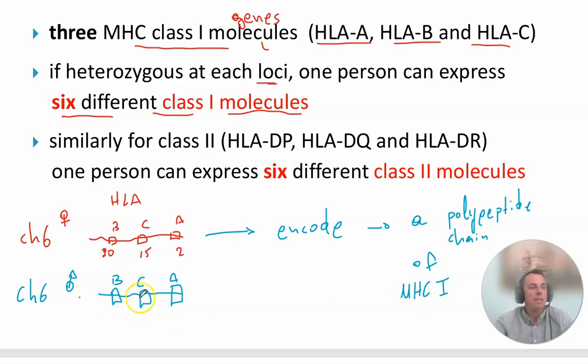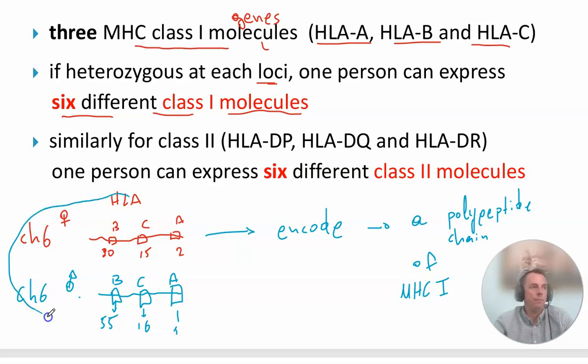Okay, now these B, C, and A genes will have different alleles, of course, amongst these thousands of different alleles. So they might have like 55, might have, I don't know, 16 and 1.